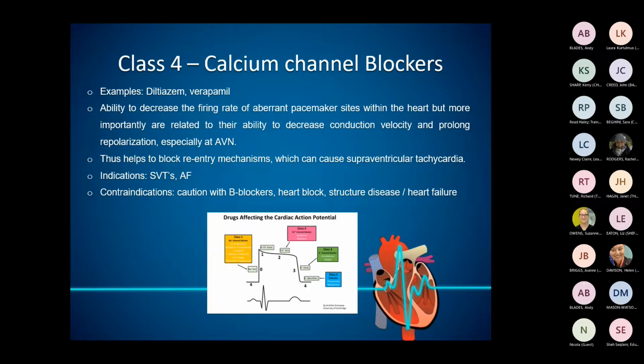Orally, under cardiology advice, we do use beta blockers and calcium channel blockers together. What I would advise is I would certainly be concerned if there were IV beta blockers and calcium channel blockers used concomitantly. That would be in most cases an absolute contraindication.